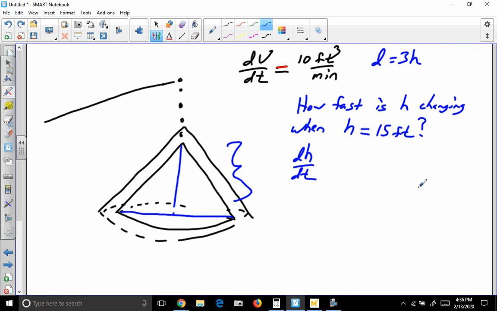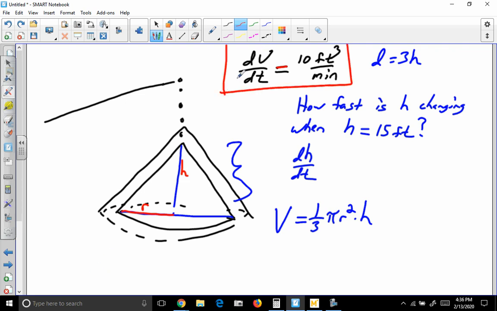Now they give us the volume of a cone: volume equals 1/3 pi r squared times h. Notice this formula is dependent upon the radius and the height, and that'll give us the volume. We're given one rate, how fast the volume is changing, and we're wanting to find how fast the height is changing.